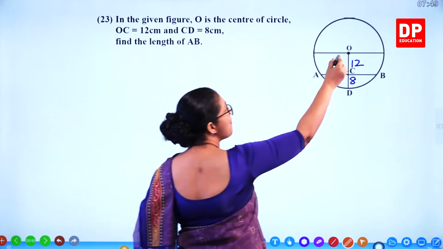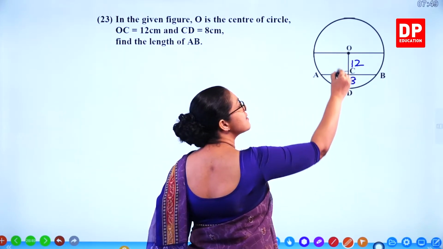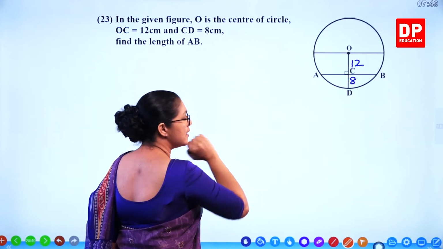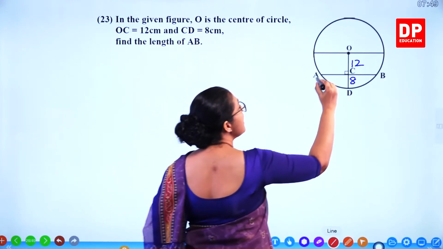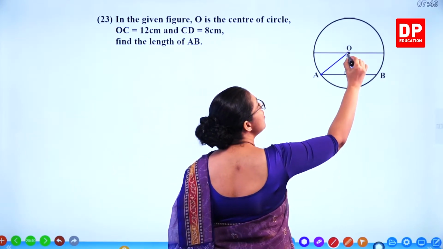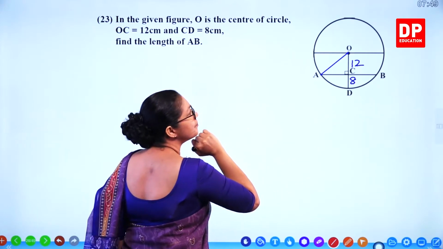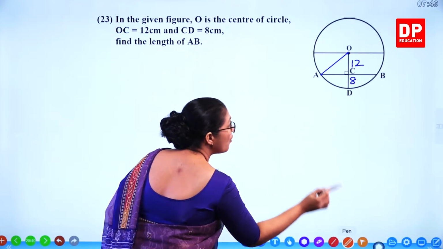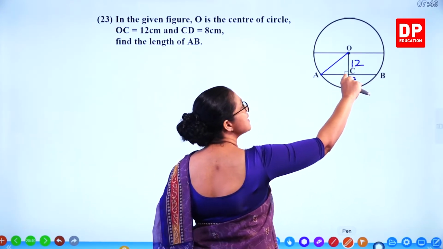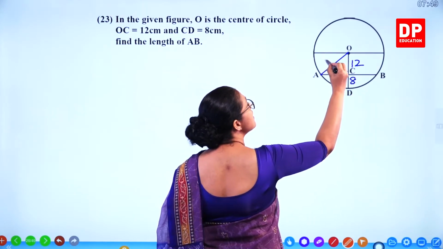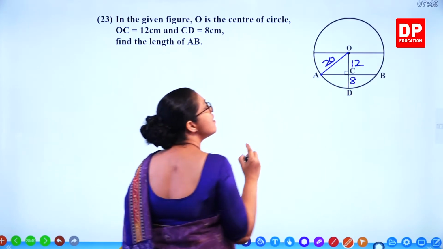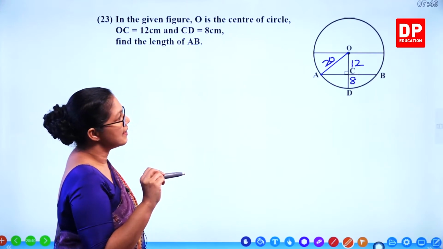What can you say about OD? That's the radius of the circle. Now when you draw a line here, that's also radius. So you can say 12 plus 8. That's 20. So 20 is the radius of the circle.